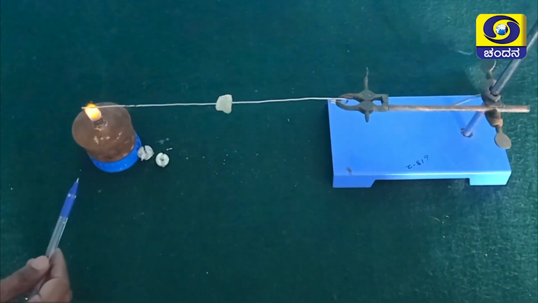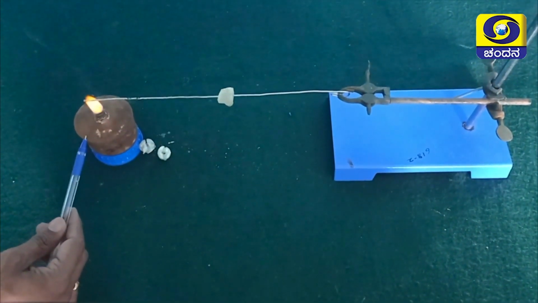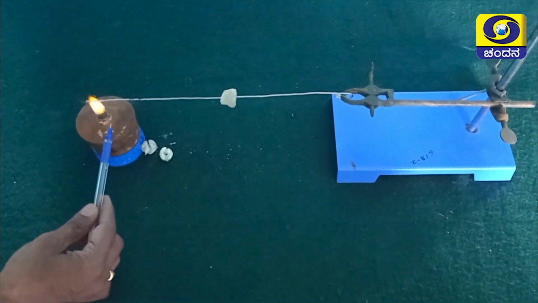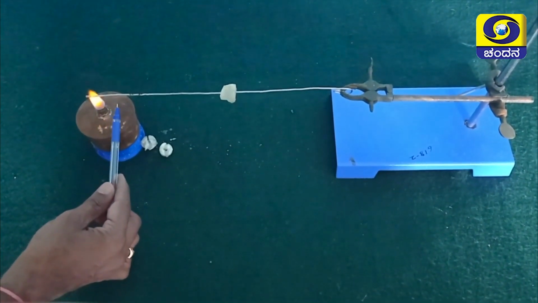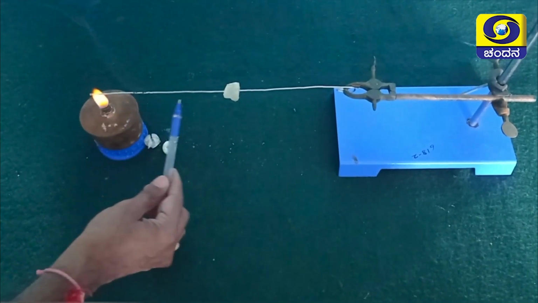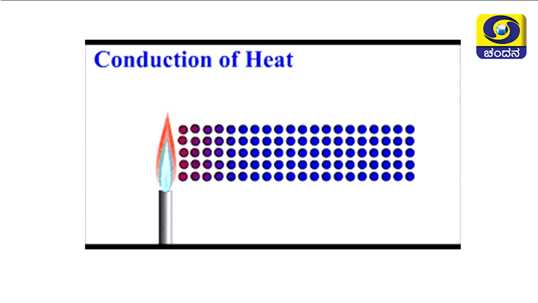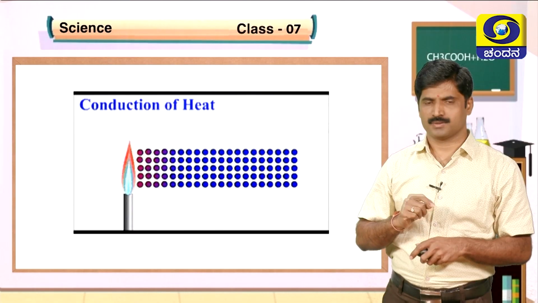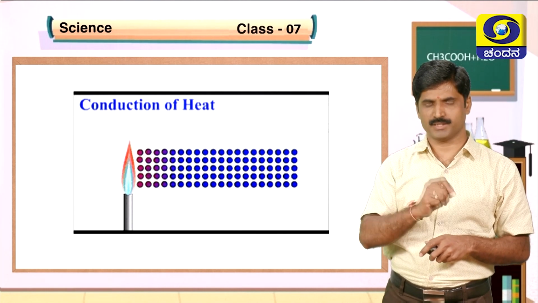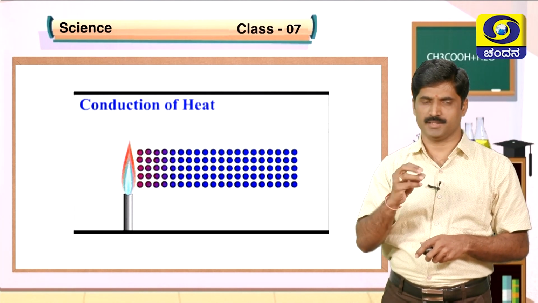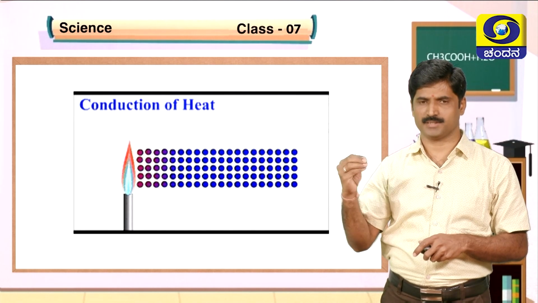By this experiment, we can conclude that in solids, heat transfers by the method of conduction. In this picture, suppose the dots are particles in the metal strip. The particles near the heat source get the heat and they transfer the heat to the next one.